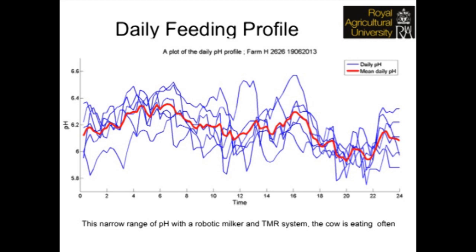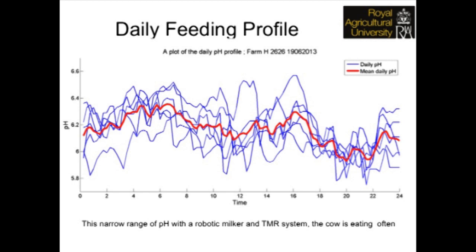That means that she's not doing much between 6 and 6.4. She's never really going out of that zone. She hasn't got huge high peaks, she hasn't got very deep low troughs. So what we can see there is that cow is eating regularly, a little and often, which is the ideal way of feeding a cow. And being able to pick up that flat profile is a very big benefit.